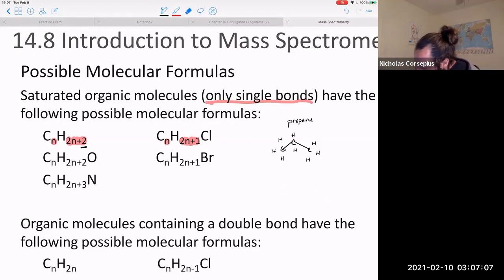So if I take my simplified model here and replace this hydrogen with a chlorine, that fits the formula C3H7Cl. Similarly, if it was a bromine, it's the same thing. So we have that same pattern here.